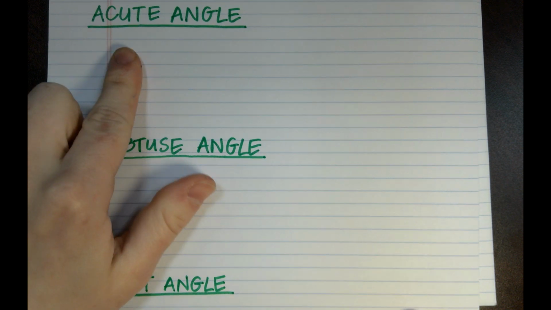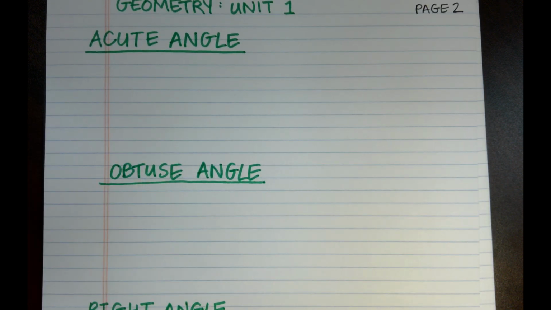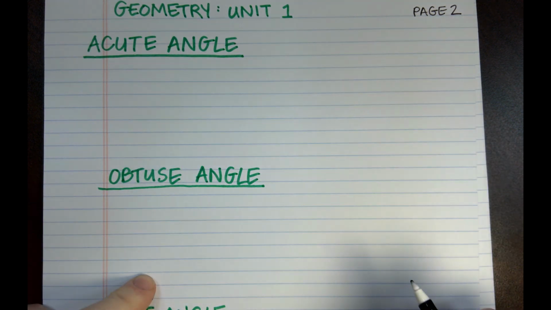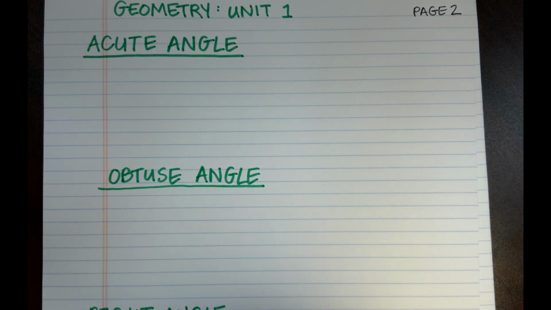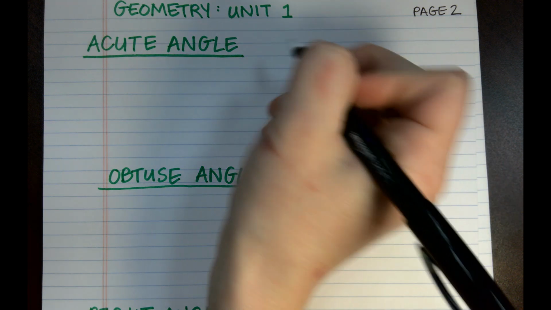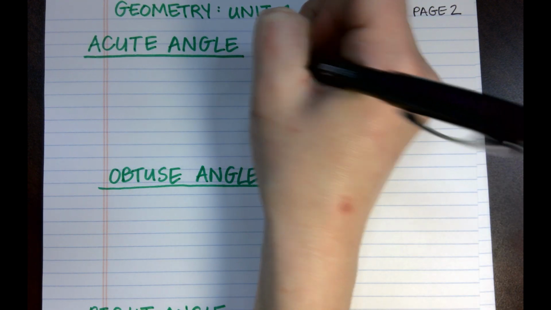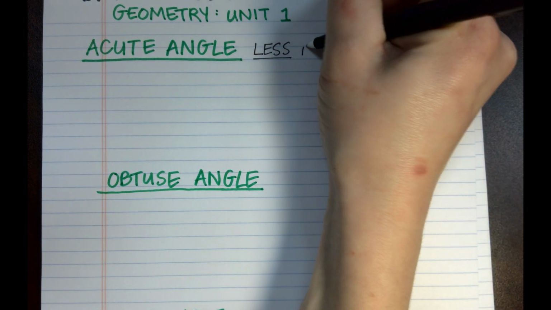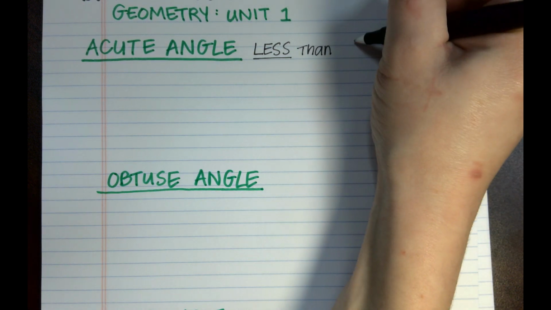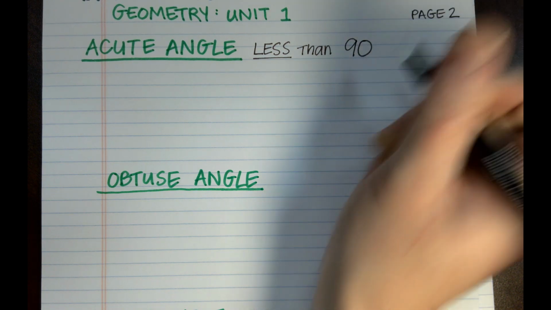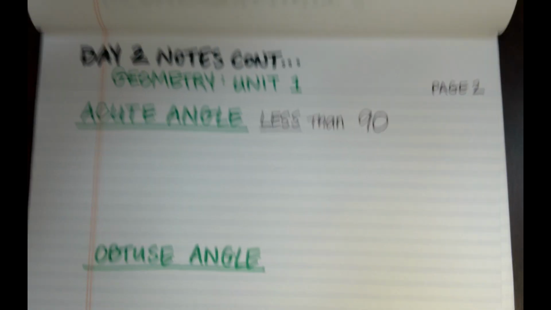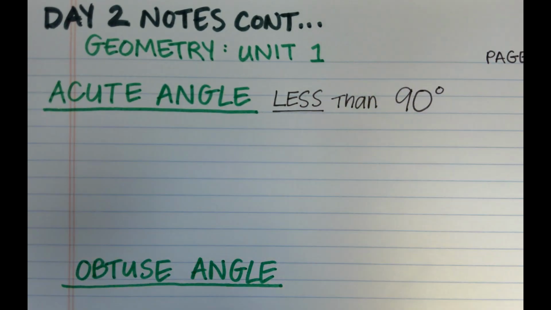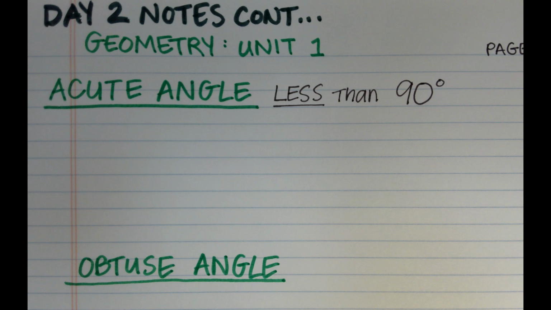So an acute angle is any angle that measures less than 90 degrees. So let's write that here. Less or smaller than 90 degrees. And the way that we label degrees is a little tiny circle at the top right hand corner, like that. Less than 90 degrees.